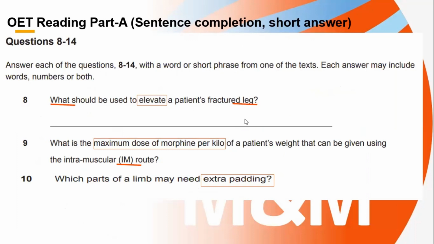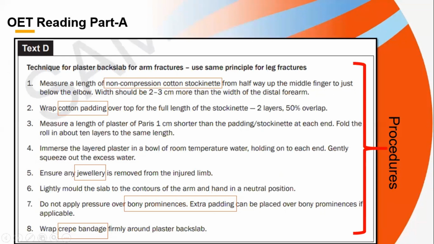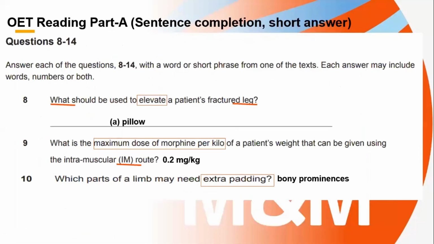Yes, it should be in the D. We will go to the D and we can see it's written over here. Yes, this is the right answer. You can see the point number 7, part D, yes, you're right. In the techniques for plaster backslab, we can see the right answer for that. These are the right answers. You can see over here.